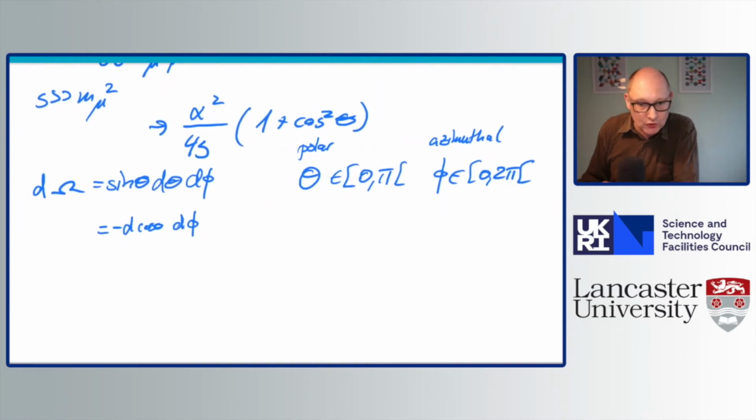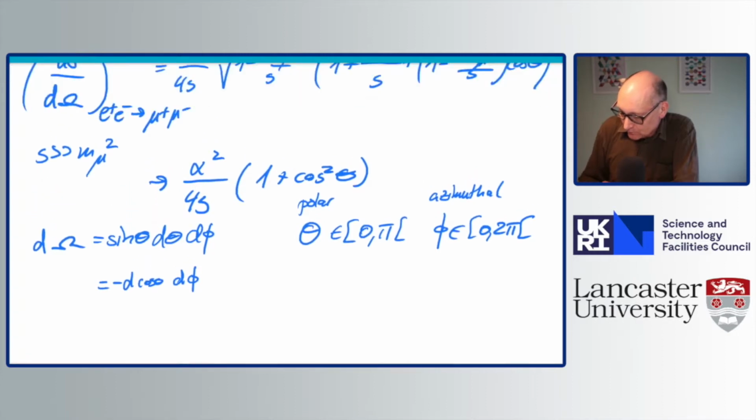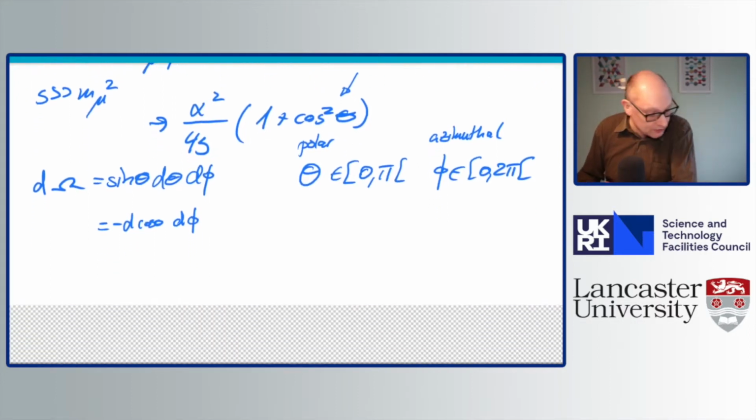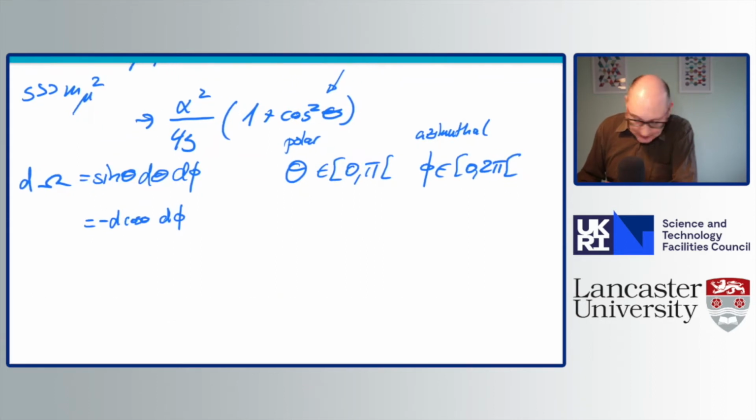So when we want to integrate the dσ/dΩ, the only dependence we get on angle is through the 1 plus cos squared θ. That is the one that we need to integrate, over θ running from 0 to π. So let's just do that.